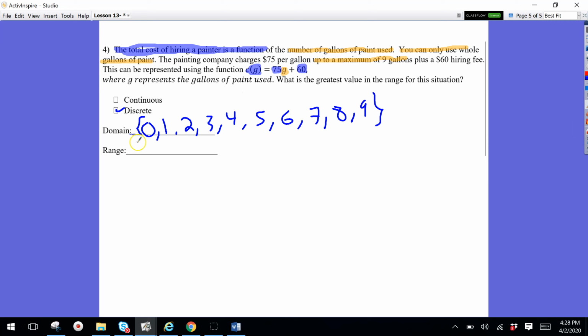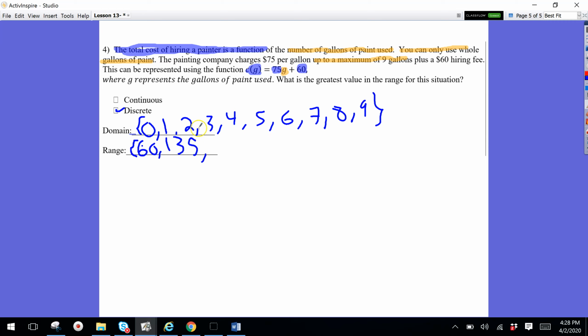Okay, so if I didn't paint at all, then that would mean that I'm not paying $75 per gallon, but the $60 hiring fee for coming out. Now, if you did go ahead and try to paint a room, then it's going to be $75 plus the $60, so that's $135.